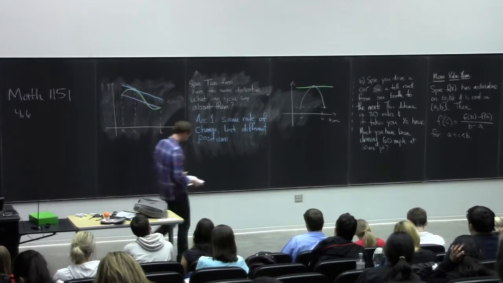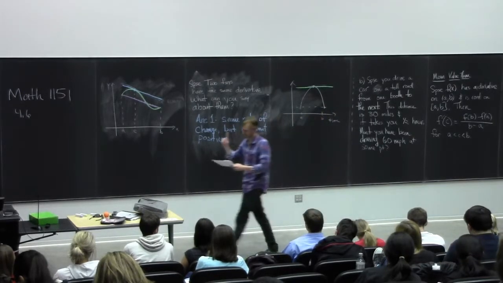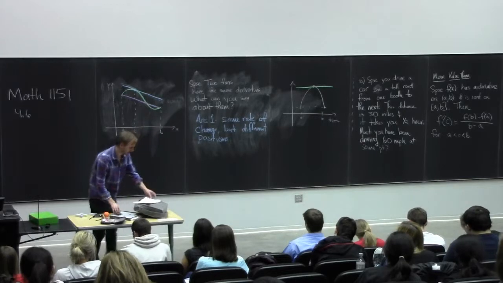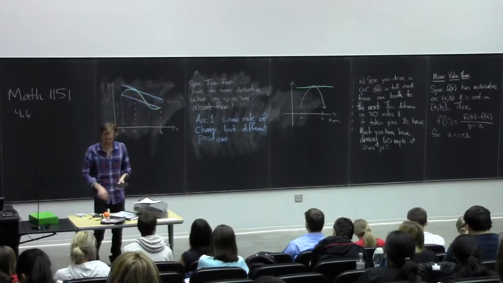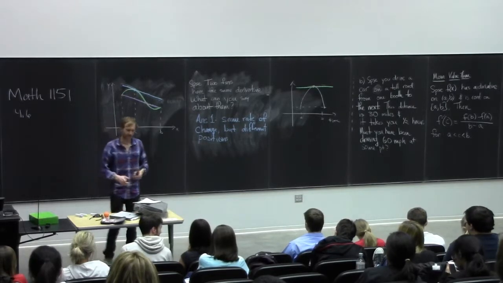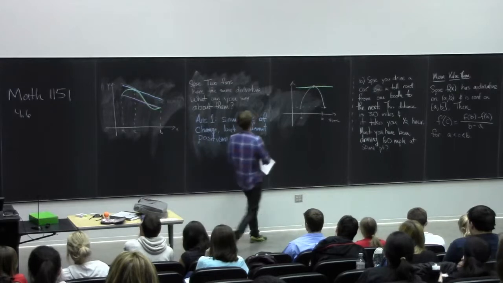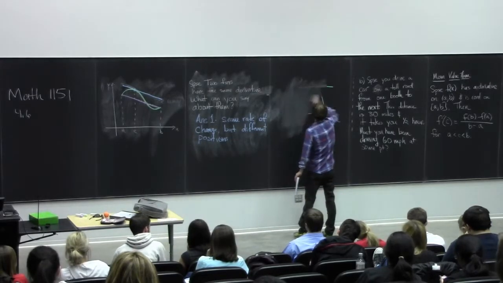So let's see if we can make this a little bit more mathematical. This might not sound like math when I'm tossing balls and sitting down on the ground, but we'll see what happens.